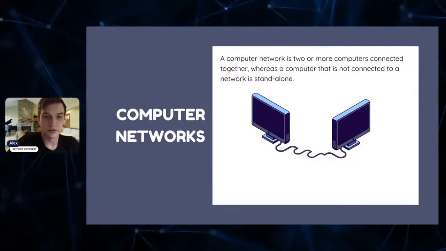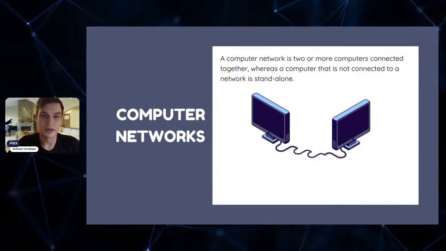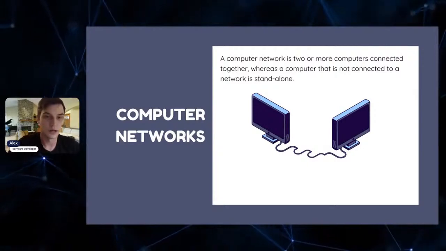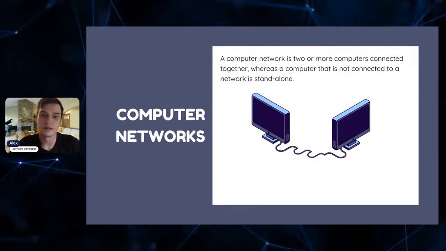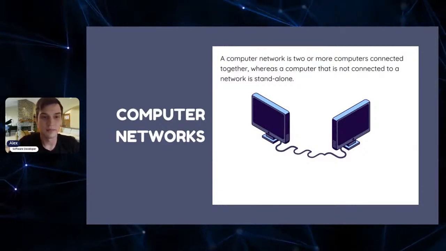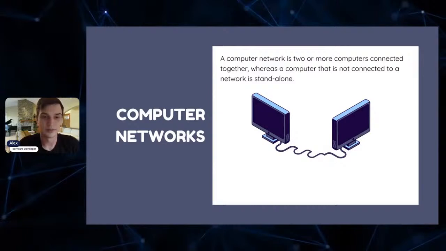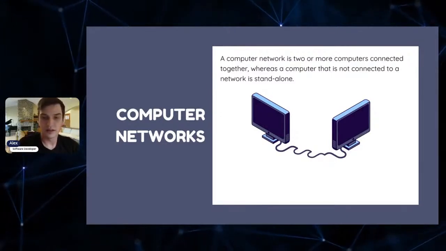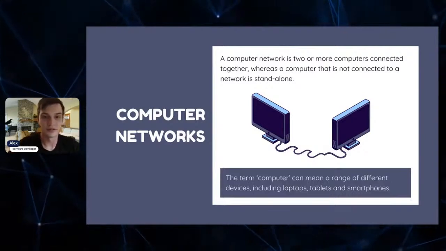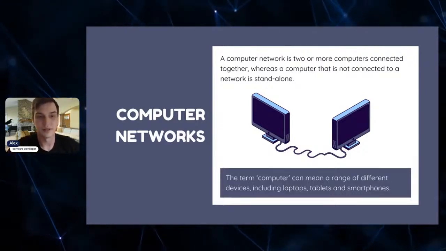So let's move to computer networks, because that's why we are here. A computer network is two or more computers connected together somehow. There can also be one computer, and it's called standalone. But it's actually a network too, and we will touch on it in the future. The computer actually is not only a PC, as mentioned on the slide image.